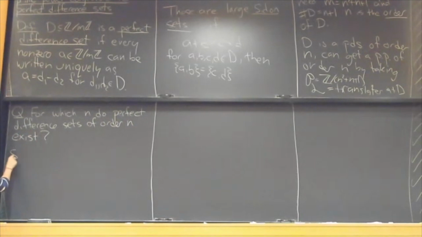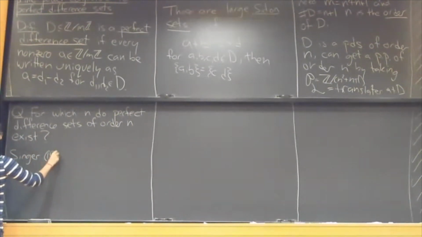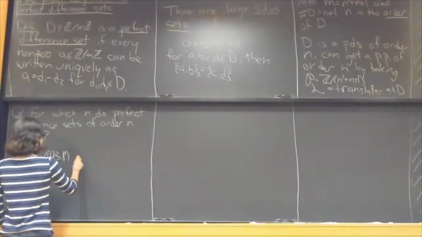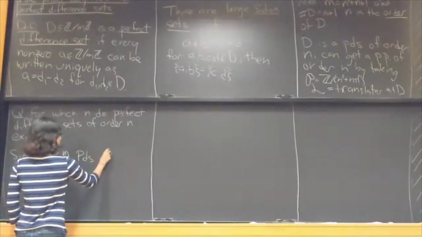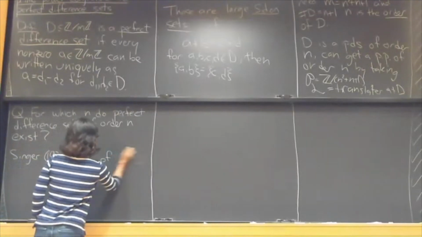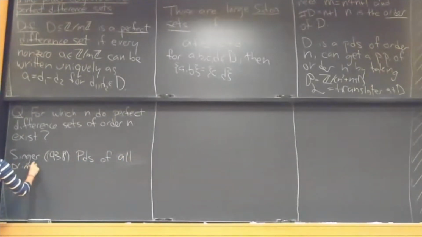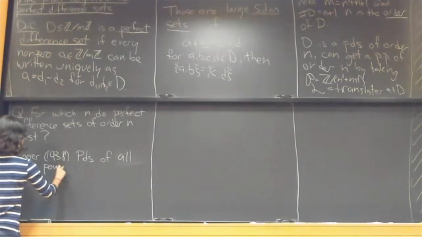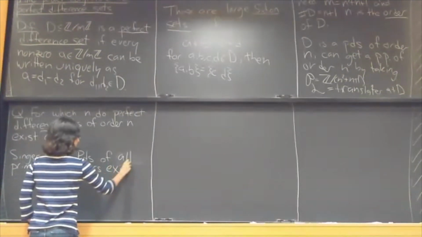So in 1938, Singer constructed examples of perfect difference sets of all prime power orders. So perfect difference sets of all prime power orders exist.